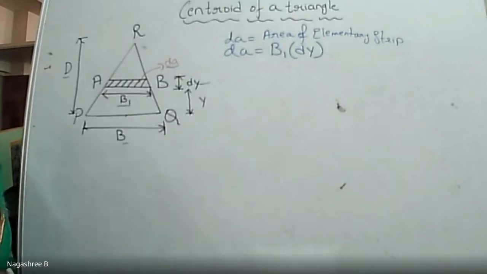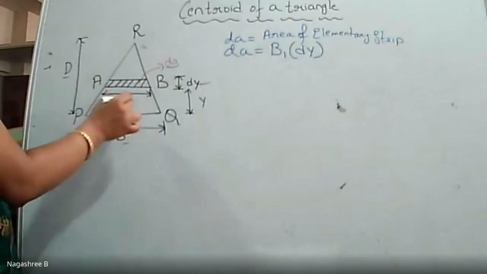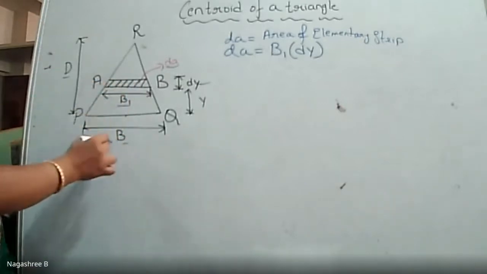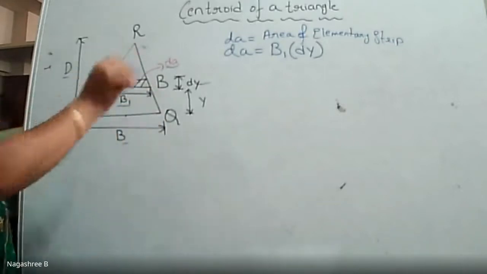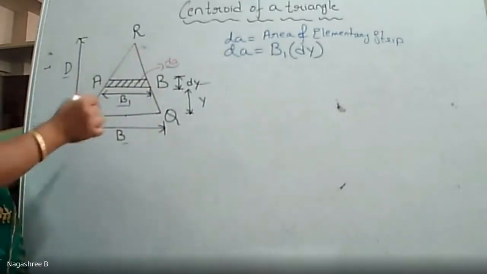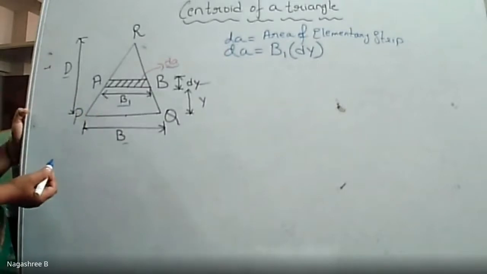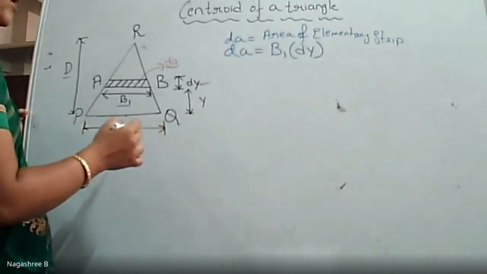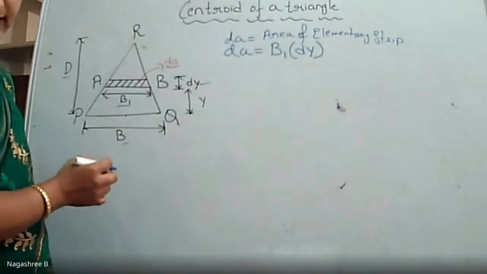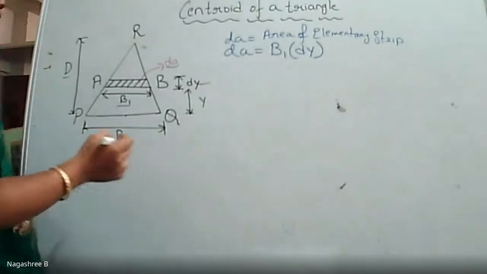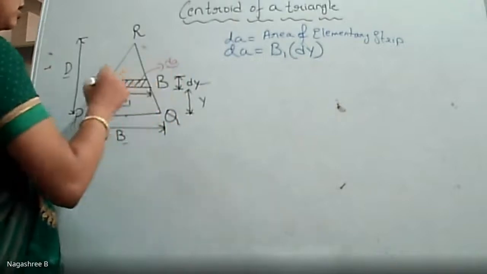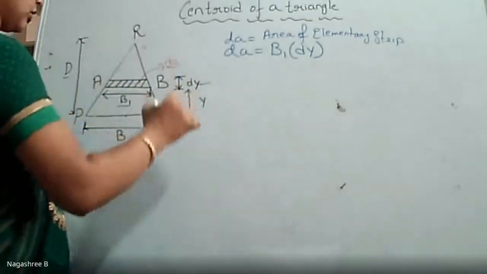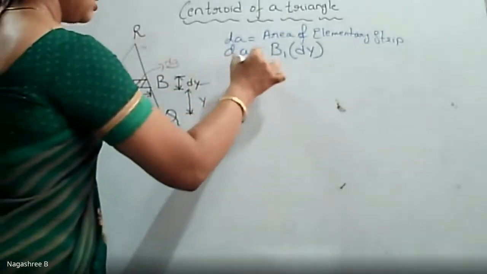Next, coming to the determination of B1, the width of the elementary strip in terms of the width of the overall triangle, I'm going to use the property of similar triangles.